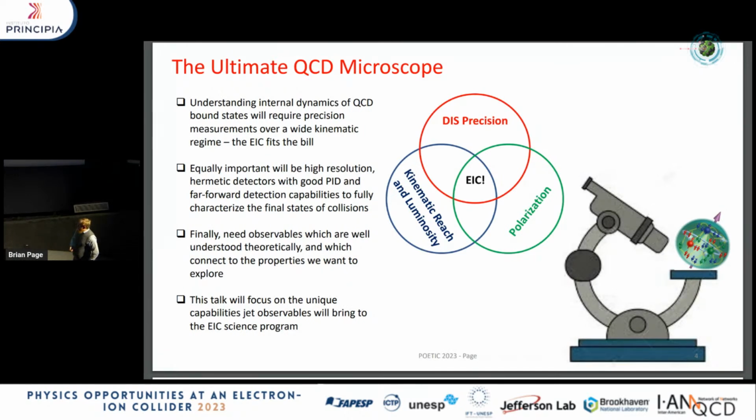And then finally, we need actual observables to connect the events that we measure in the detector with the physics that we want to do. And so hopefully today I can convince you that jets will be one of these observables that help us get to the physics that we want to do at the EIC.